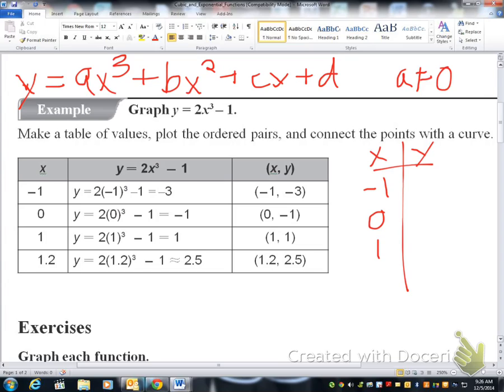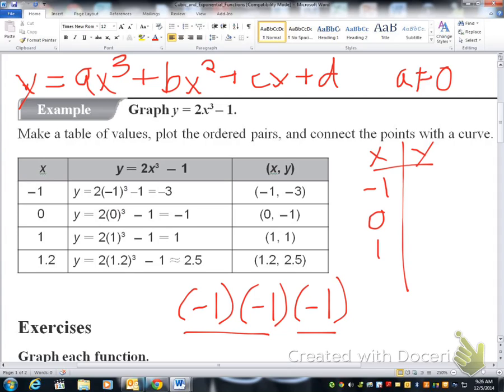It's -1. When we square something, it always is going to come out to be positive. But when you do something to the third power, if I have -1 times -1 times -1, well, a negative times a negative is positive, and then that times another negative makes it negative.